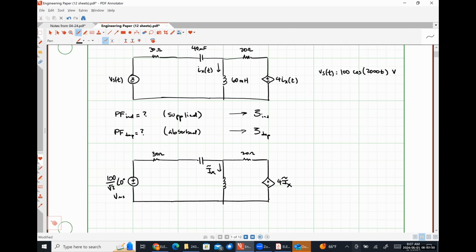So this comes out to be negative j 12.5 ohms. For our inductor, we have an impedance of j omega L. So that's going to be j times 2000 times 60 times 10 to the minus 3. And that comes out to be j 120 ohms.